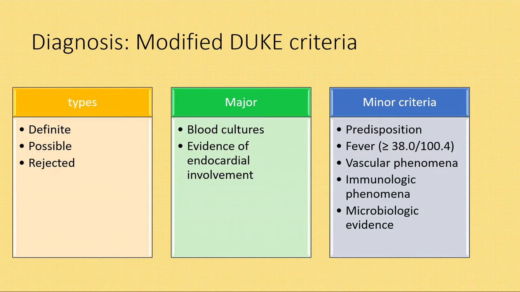Minor criteria. What are the minor criteria? Especially fever. When there is any kind of vascular phenomena. We already talked about vascular phenomena. It could be arterial emboli, also pulmonary emboli that could cause infarction, also conjunctival hemorrhage, also any kind of immunologic phenomena, such as we already talked about glomerulonephritis, Roth spots, Osler's nodes, or even a positive rheumatoid factor.